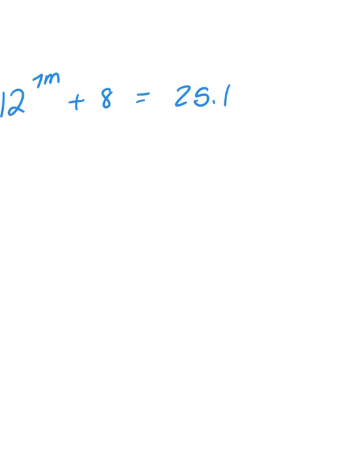So the first thing we do is we leave the guy with the exponent alone. So we have to subtract 8. So 25.1 minus 8 is 17.1. Okay? And unless you guys have the logarithmic tables in your head memorized, you've got to put this in logarithmic form.